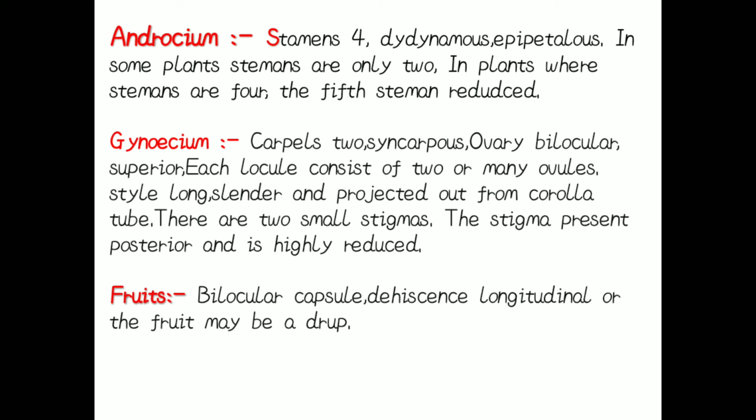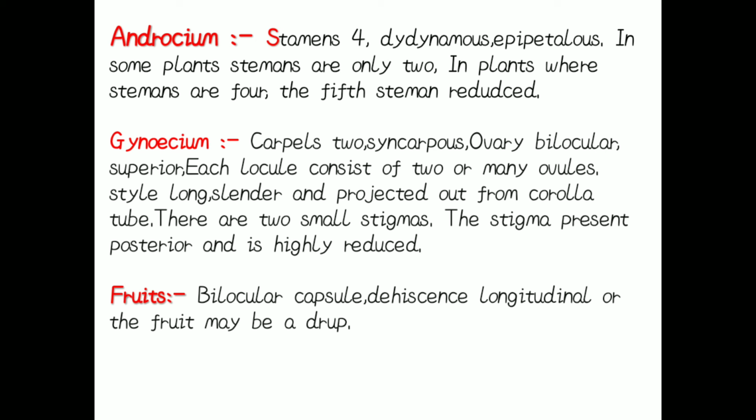Epipetalous means the androecium is present above the petals, so we use this terminology. In some plants, stamens are only 2, and where the stamens are 4, the 5th stamen is reduced.